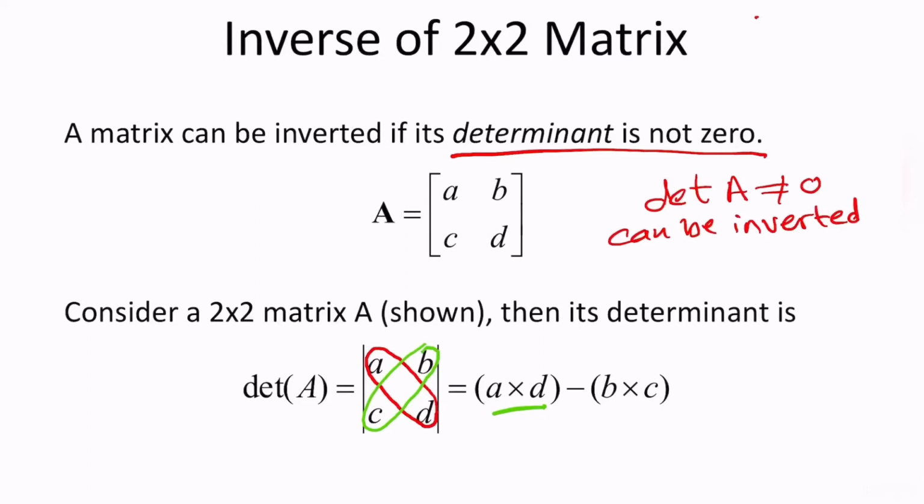If the determinant is not equal to 0, then we can invert it. We can find the inverse for it.